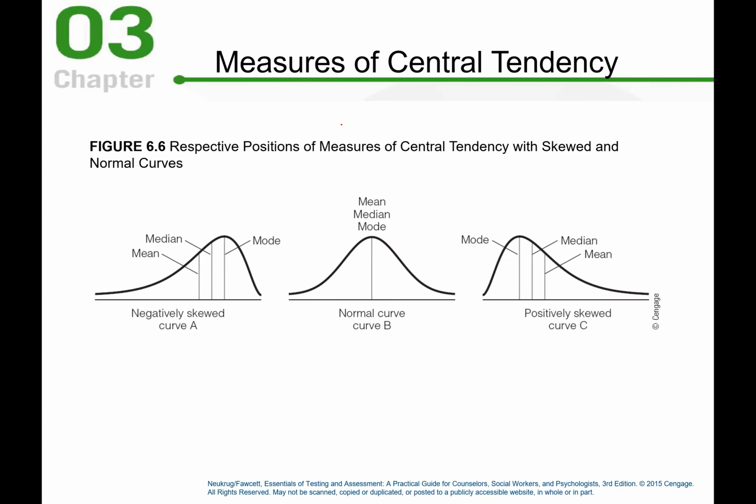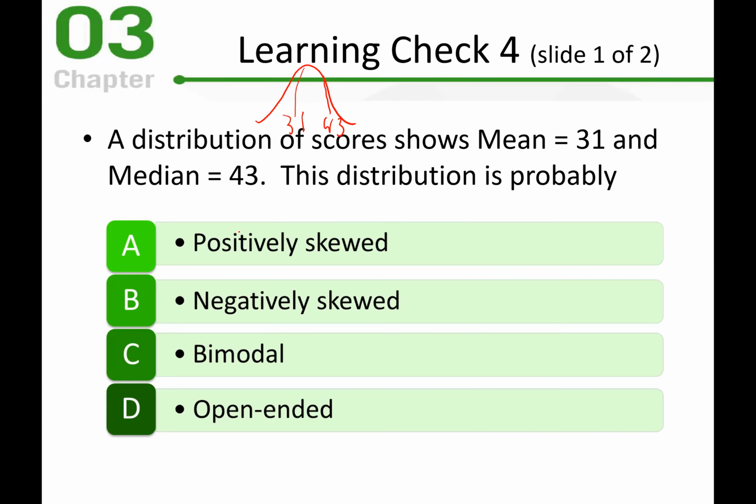If we look back, the mode is going to be on the other side of that. So this would make this distribution negatively skewed.